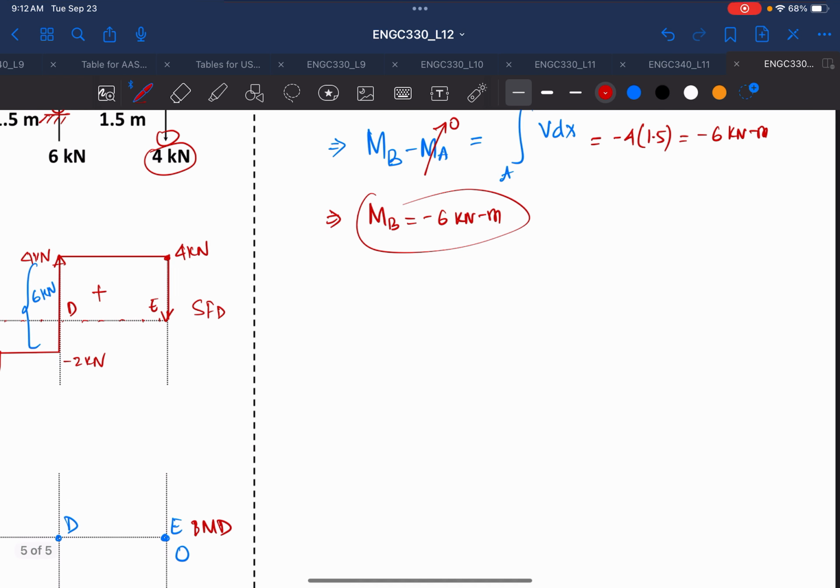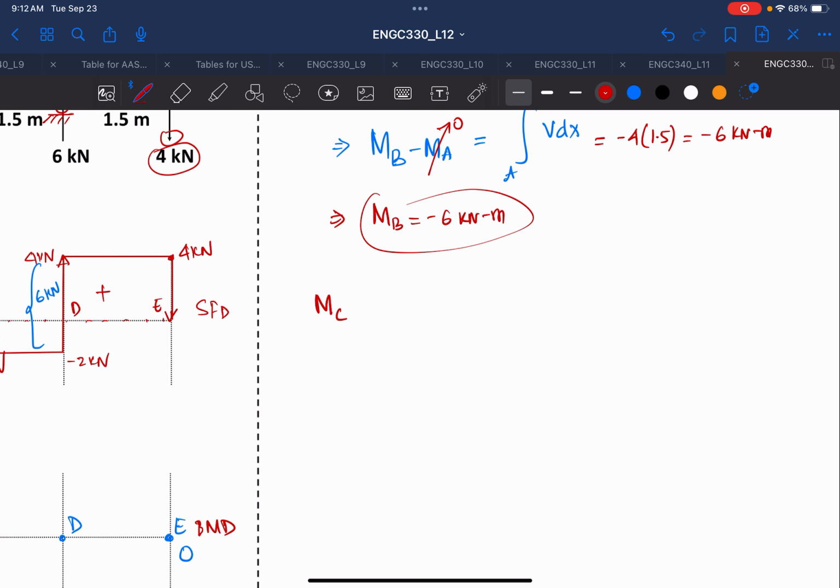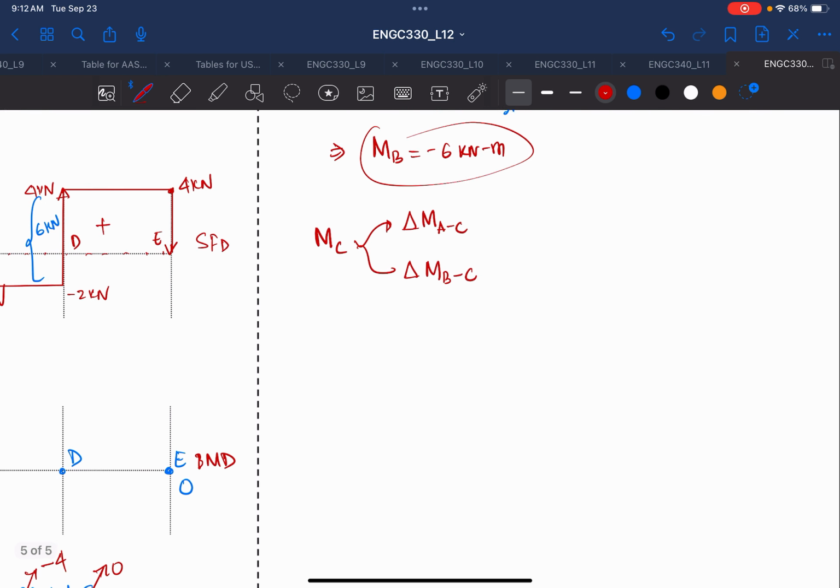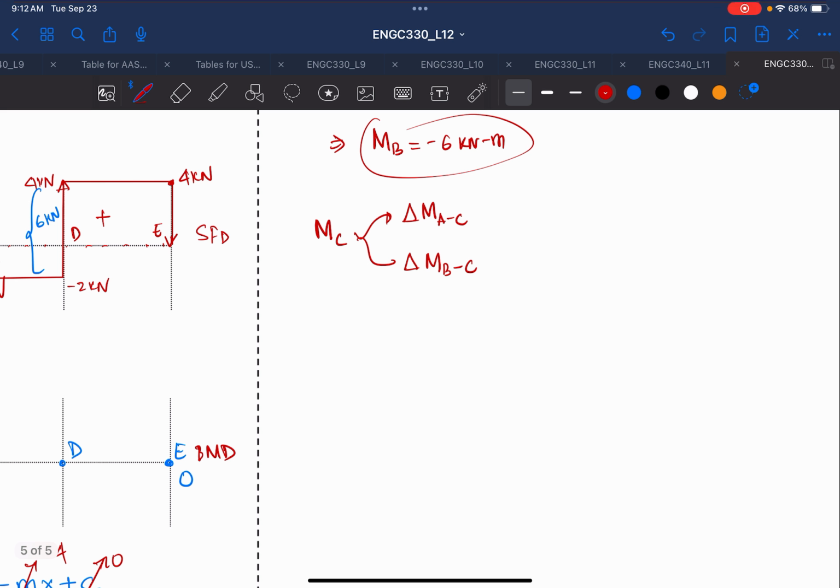And now the moment at C. For moment at C, you can use two ways. You can find the change of moment from A to C, or you can choose the change of moment from B to C. And you'll see that both of these should give you the same answer. Let's see the first one, which is moment from A to C. We are moving from left to right.